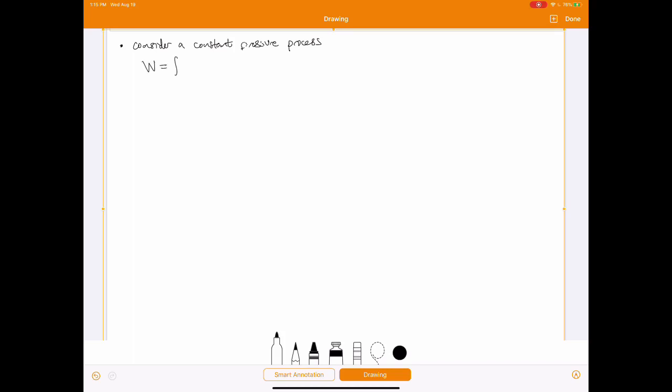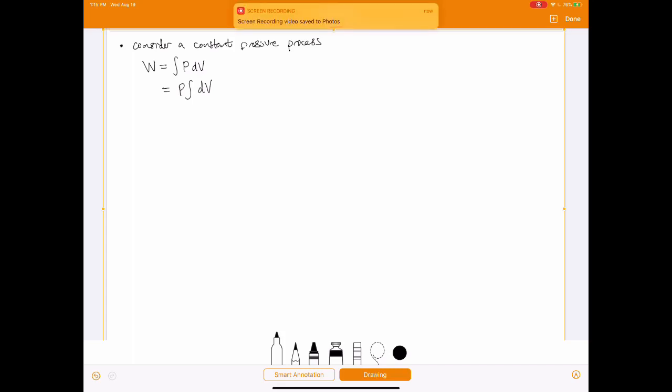Remember that work as a gas expands or contracts is given by the integral of P dV. And in this case, pressure is a constant. So we can pull it out of the integral. Now again, you can't always do this. You can only do this when pressure is constant, but since that's the case here, we can pull it out of the integral.